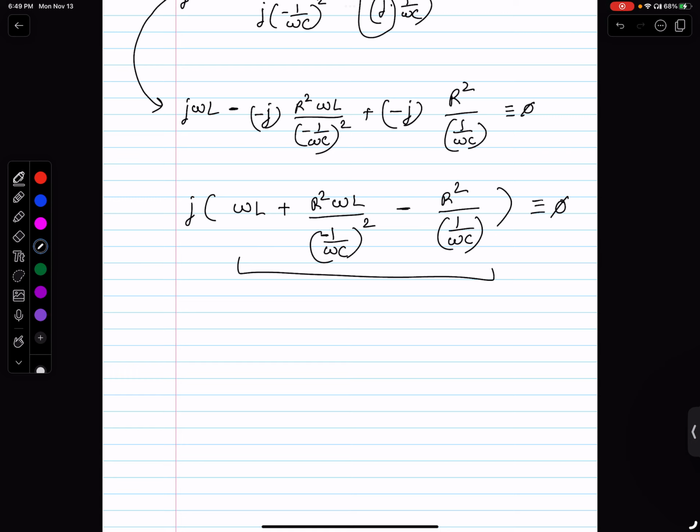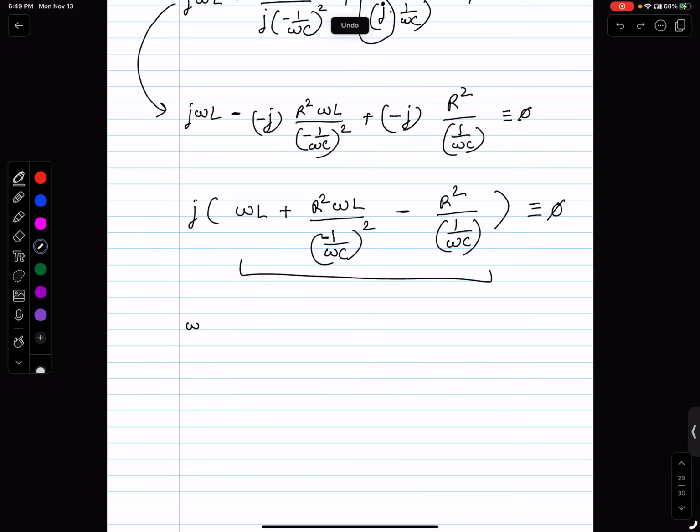We can rearrange this last result a little bit more, and we'll see that omega L plus R squared omega L by 1 over omega squared C squared, minus R squared by 1 over omega C, all of this equals 0.